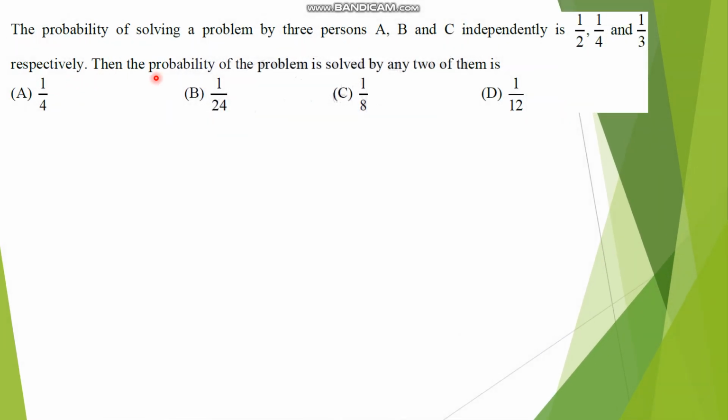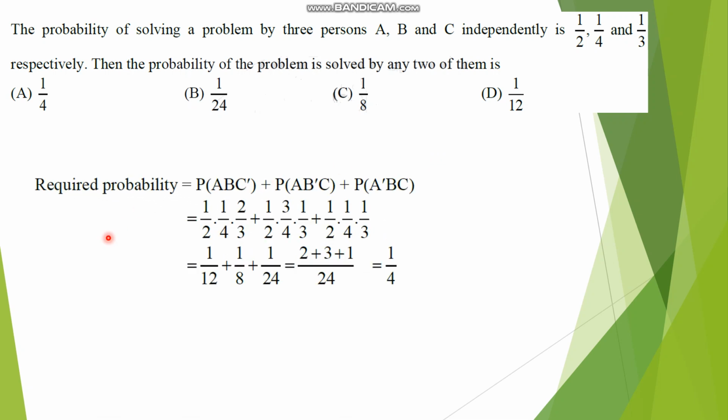The probability of solving a problem by 3 persons independently is 1 by 2, 1 by 4, 1 by 3. Then the probability of the problem being solved by any two of them. Now observe, 2 can solve means 1 cannot solve it, isn't it? So it is A, B solves it, C can't. A and C solves it, B doesn't. A doesn't solve it, but B and C can.